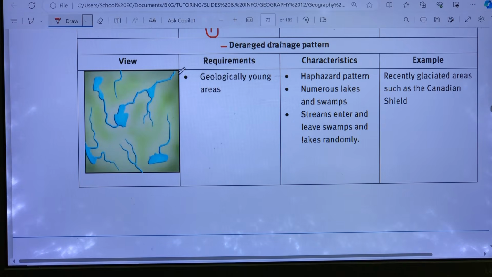Okay, so let's discuss the deranged pattern. The first thing I have to tell you is that deranged patterns are most likely to be found in areas that have glaciers as well as snow, which are close to the North Pole and South Pole in most cases, guys. The requirement for it to form is geologically young areas. The characteristic is a haphazard pattern, meaning the pattern doesn't make sense.